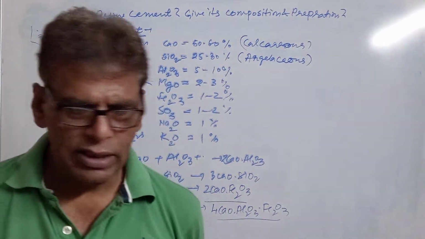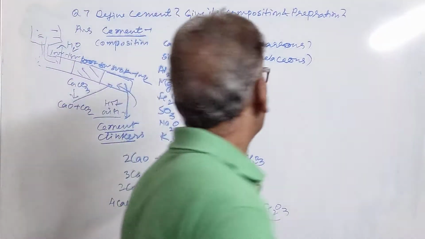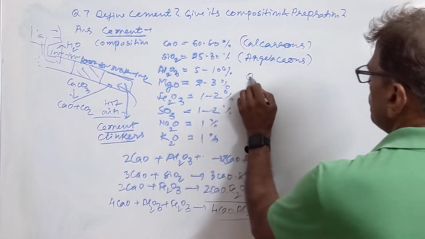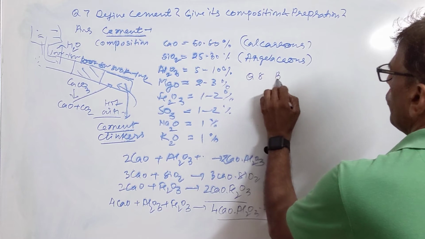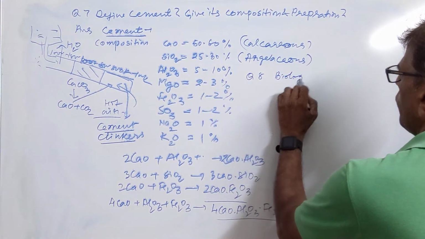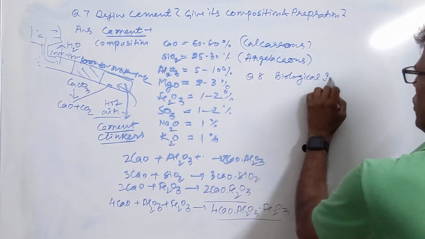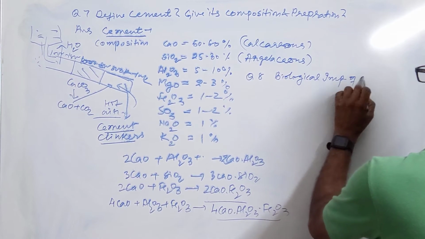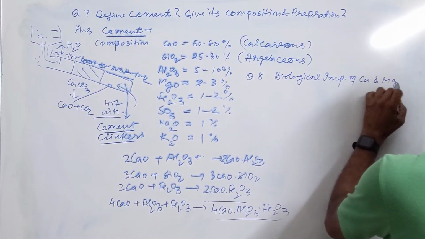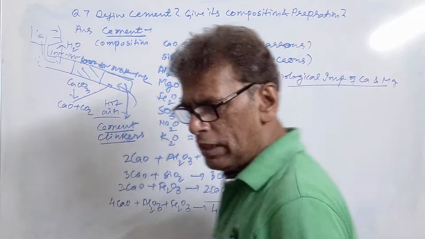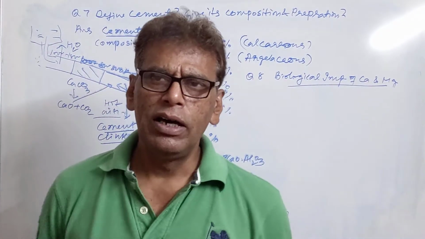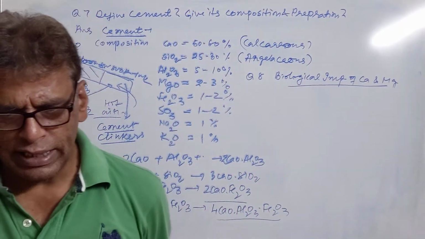Now what is the biological importance of calcium and magnesium? Calcium is required for the healthy formation of bones and teeth.